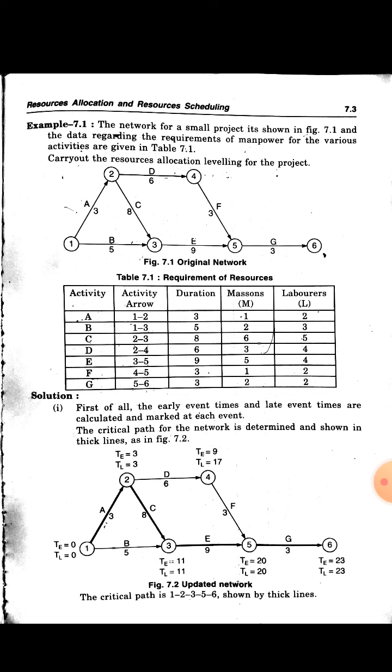Similarly C, in C arrow is 2 to 3, and for all the activities the arrow duration is given, like 3, 5, 8, all the durations in the form of weeks or days or hours etc. is given, and for a particular activity mason and labor requirement is given in a table. So first of all we draw the network diagram.